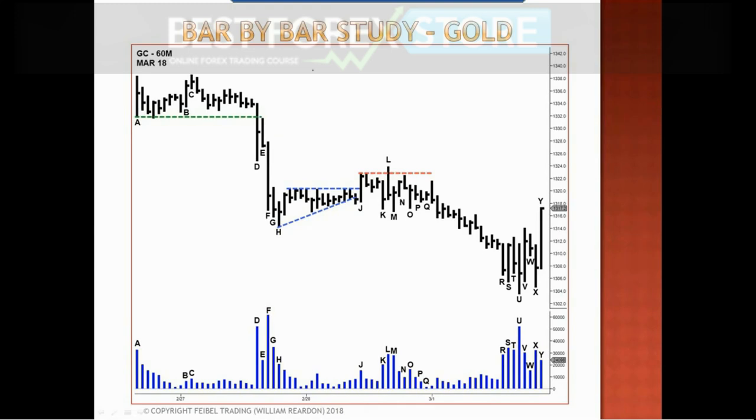There is another principle of vital importance, which is here. We have this new support line drawn in, and this grey area. This grey area is highlighted, all this price action and all this volume.